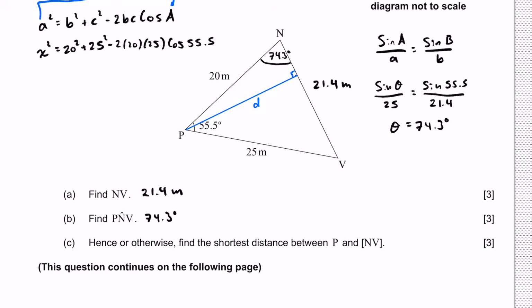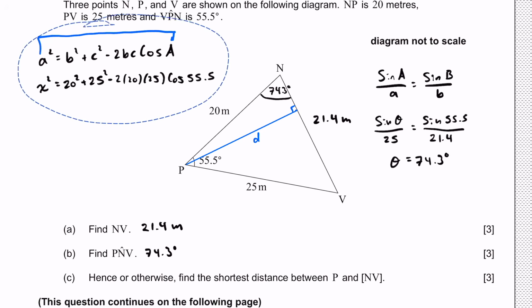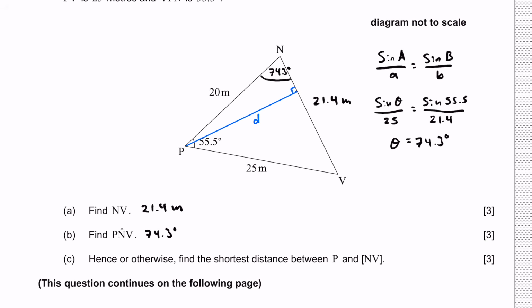I'm actually just going to erase this and make some room. Let's see if this works. Okay. So what do we have? We have an angle, an opposite side length, and a hypotenuse. So we have opposite and hypotenuse. So remember, in SOHCAHTOA, sine is opposite over hypotenuse.